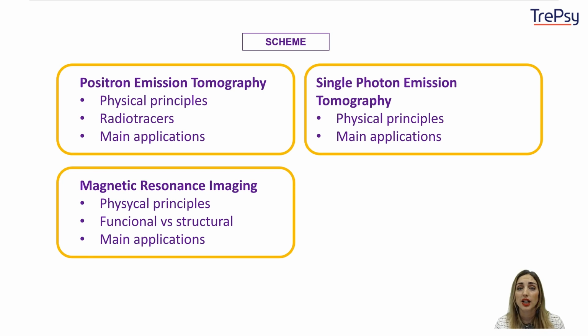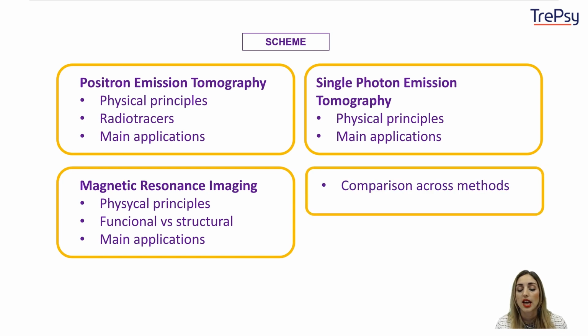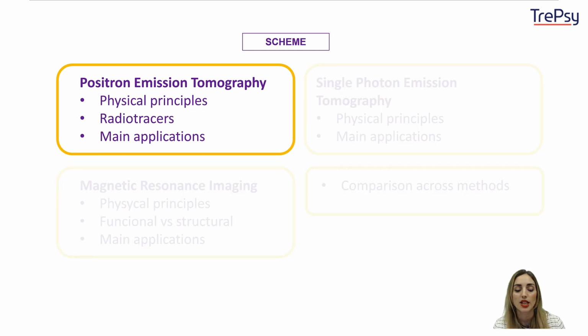I will talk about the different kinds of contrast that can be used in an MRI experiment: functional, structural, spectroscopy, etc. And then I will describe as well some of the main applications to the investigation of the endocannabinoid system. And eventually I will talk a little bit about the comparison between these three methods and try to talk about pros and cons of each of them and compare them.